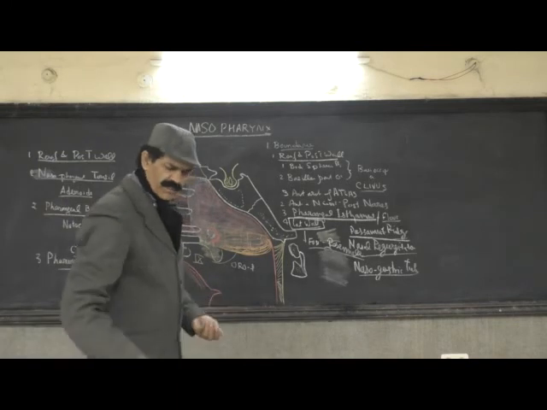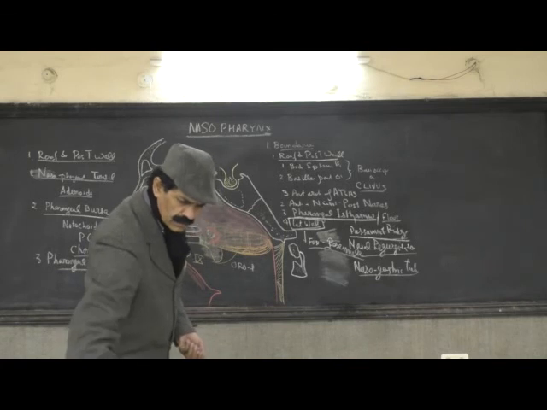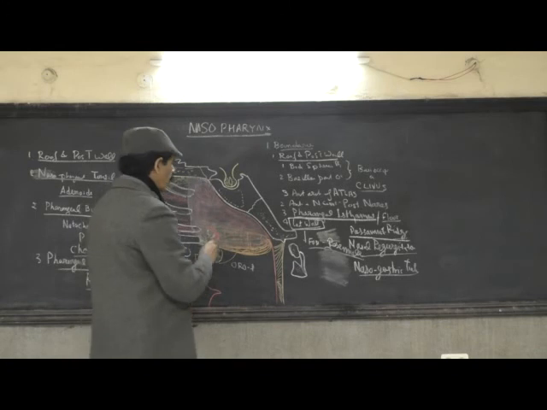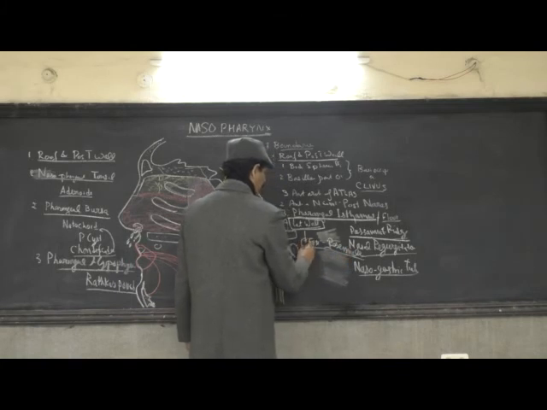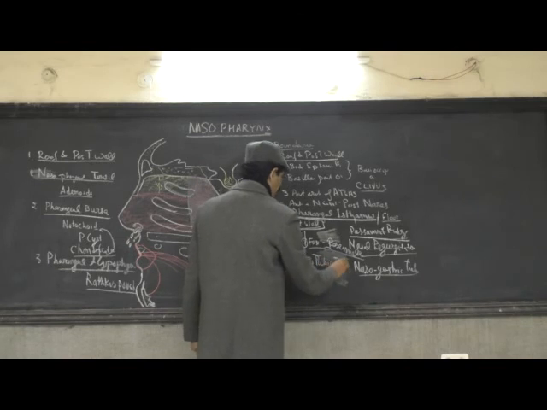The second feature of this lateral wall: first is the fossa of Rosenmuller, second is the tubal tonsil.